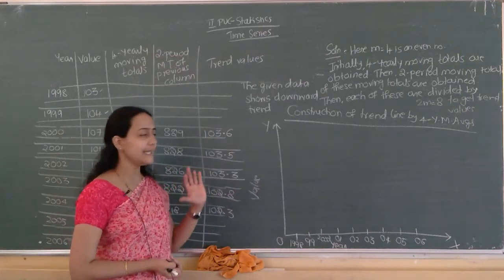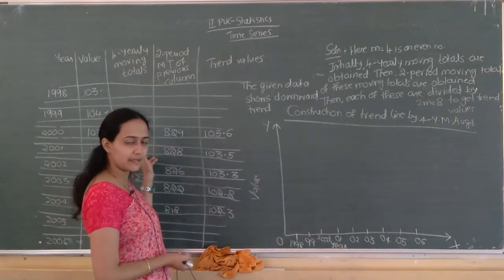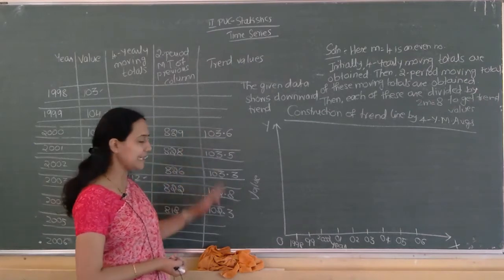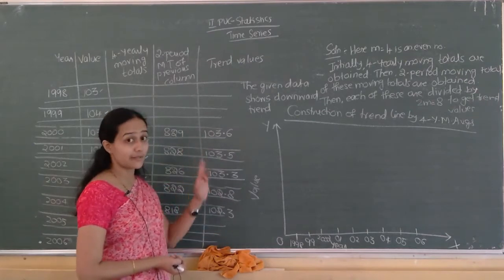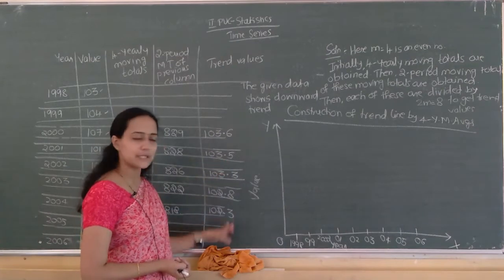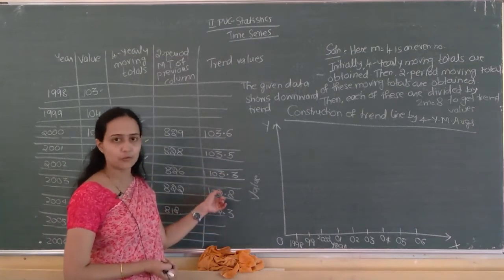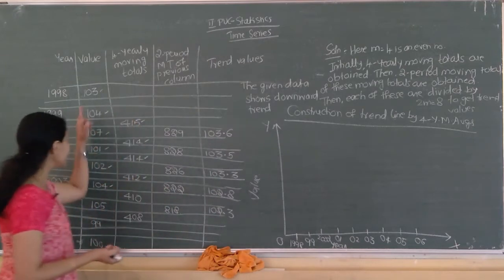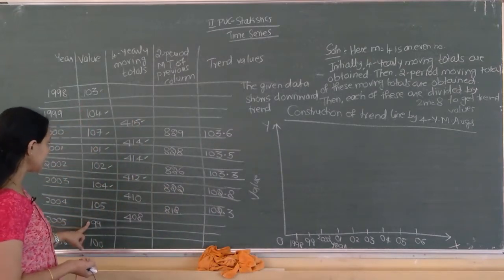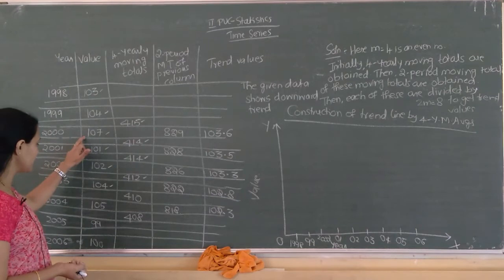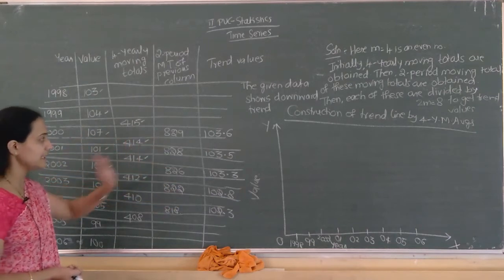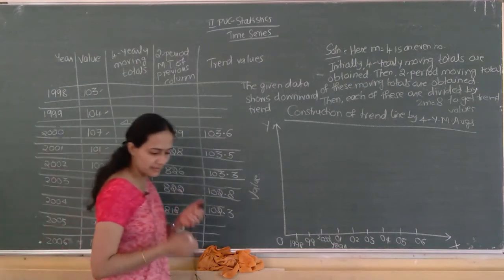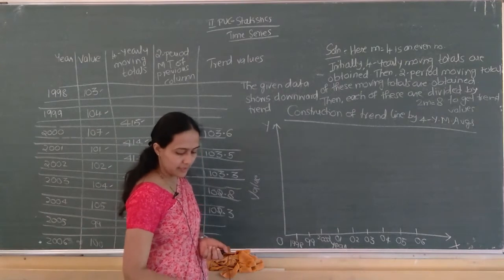Usually the trend values come in between the smallest and the highest. You check once, because these must be there for drawing the trend line, isn't it? So the lowest value is 99, the highest value is 107. Here also it comes in between only. So here they took 103.